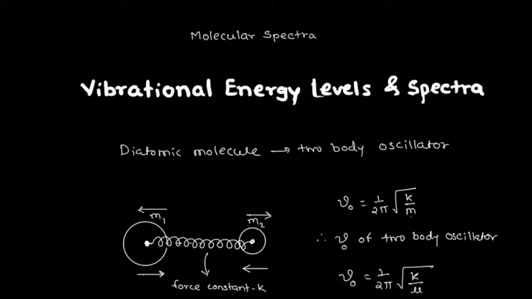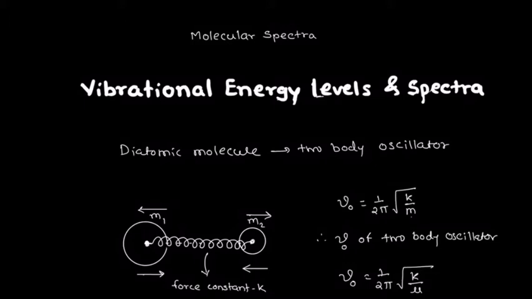Now how does it execute the simple harmonic motion? The two masses vibrate in such a way that their center of mass remains fixed. That situation holds in the absence of any external force. Such a vibrational frequency we first determine here.